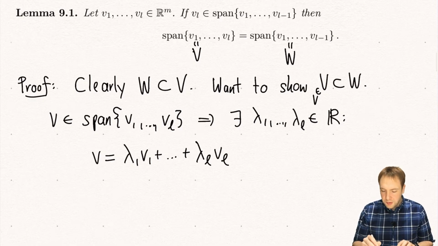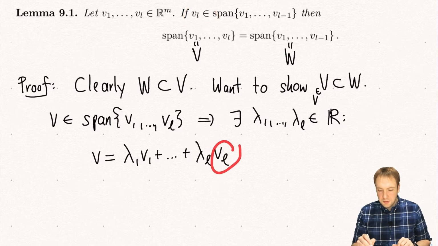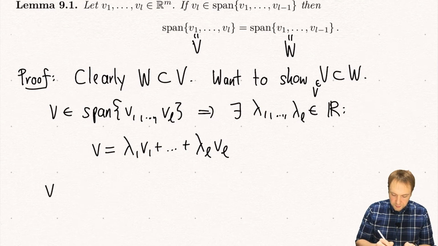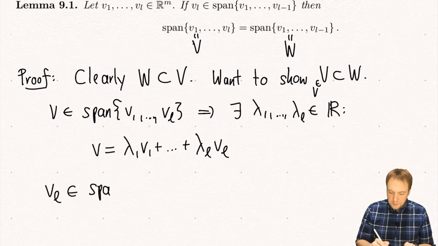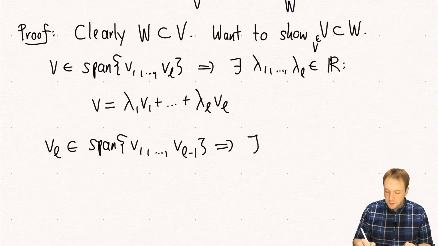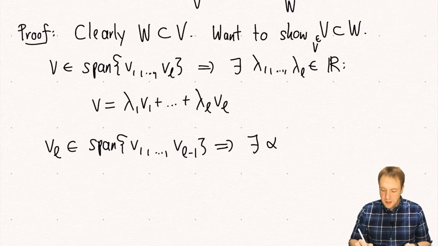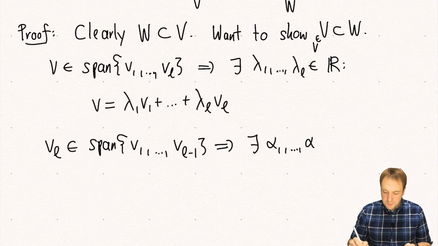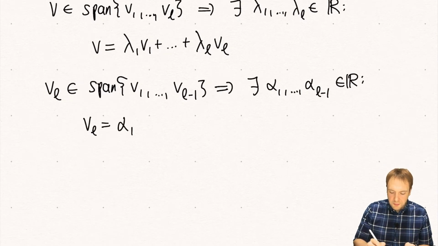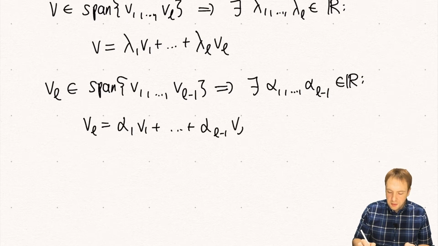But also this VL, the last one here, is in the span of the first. So because VL is in the span of V1 up to VL minus 1, this means there are some other numbers, let's say alpha 1 up to alpha L minus 1, with the property that this VL can be written as a linear combination alpha 1 V1 up to alpha L minus 1 VL minus 1.